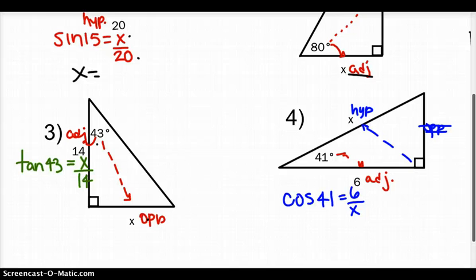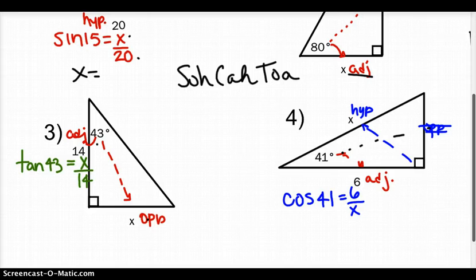And for the fourth one, when I labeled originally, I labeled opposite over here. Even though that is the opposite, there's nothing over there, so it's not helpful. So what I need is the one that has the adjacent and the one that has the hypotenuse. So cosine of 41 equals adjacent over hypotenuse. Go ahead and pause the video and work on getting x by itself and typing those into your calculator.